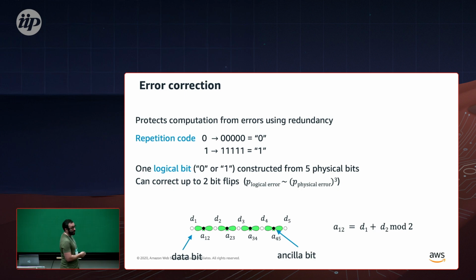If the error happened somewhere else, again, the two neighboring ancillas will flag, and so on. So this is a way where we do the decoding locally, just by looking at the ancilla qubits, and if they flag two neighboring ones, you know that the data in the middle of them is the one which was corrupted.